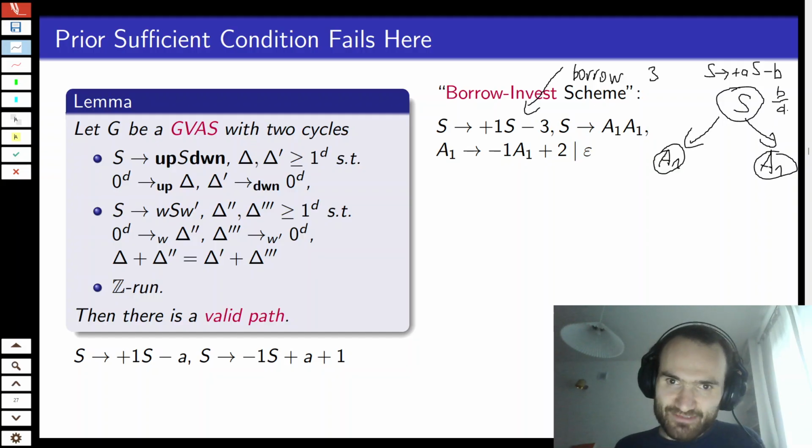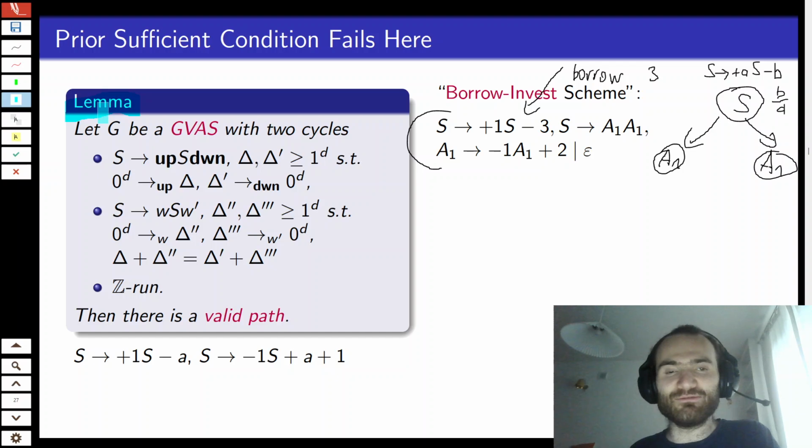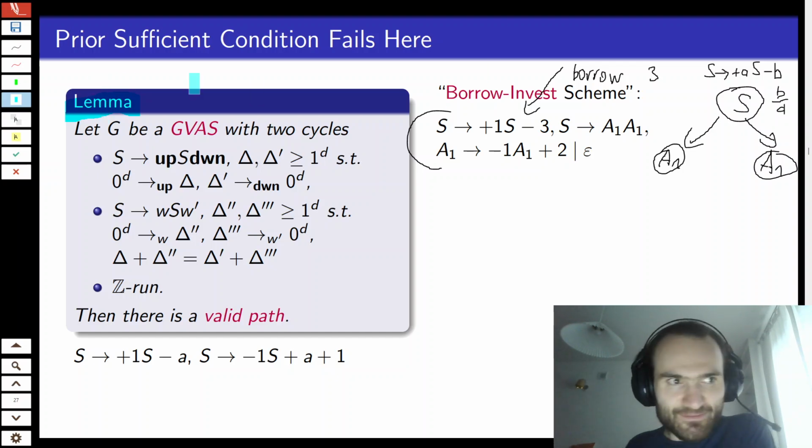The question is, do we have a run here or not? I claim that in this case, for this grammar, we can in fact do the lifting stuff, again exactly as in this lemma. Well, differently than in the lemma, but it works. Why?